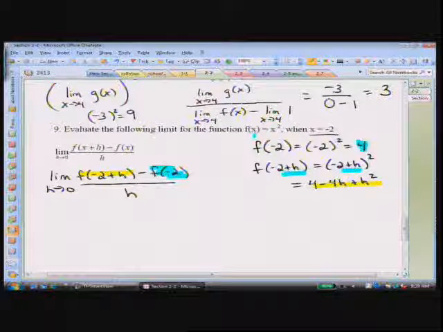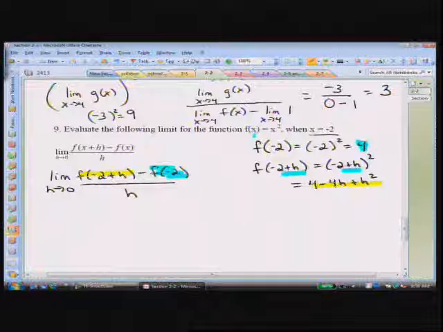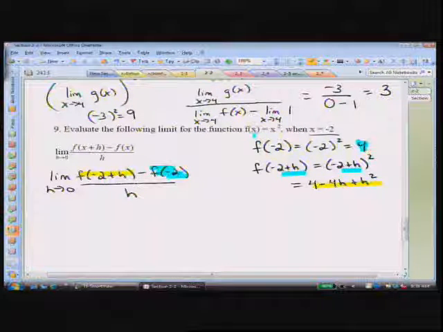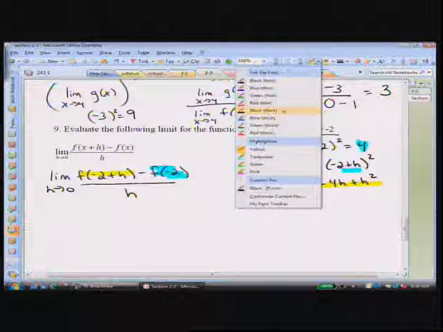You with me? Because this is equal to f of negative 2 plus h, I'm going to put it right here, so no more f's. And instead of f of negative 2, I'm going to put the answer, which is 4. Then I'm going to do a little bit more algebra.